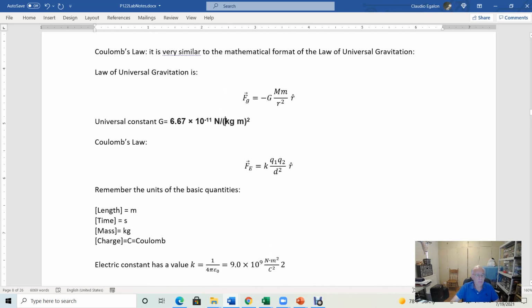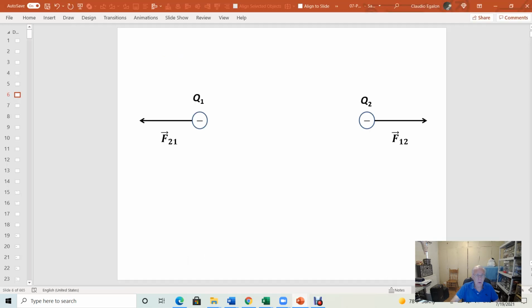Okay. So note that this parameter is much larger than this one right in here. And these have very important consequences. Because my G is very small compared to my K parameter, when it comes to the microscopic world, the electric force is much larger than the gravitational force.